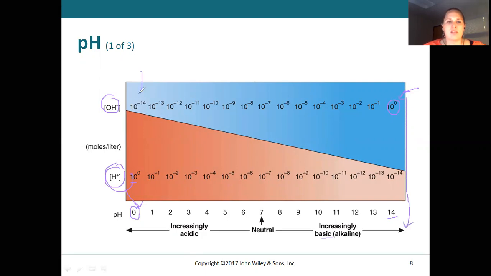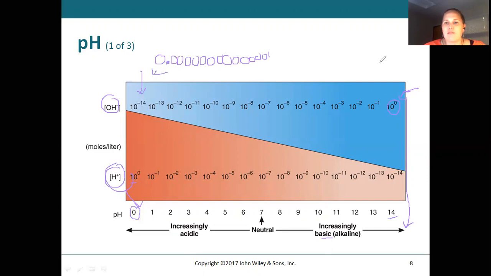If this scientific notation isn't very familiar to you, the 10 to the -14th basically means that there are literally 14 zeros, I guess 13 zeros, in this concentration. 1, 2, 3, 4, 5, 6, 7, 8, 9, 10, 11, 12, 13. So that would be the concentration of OH- here.